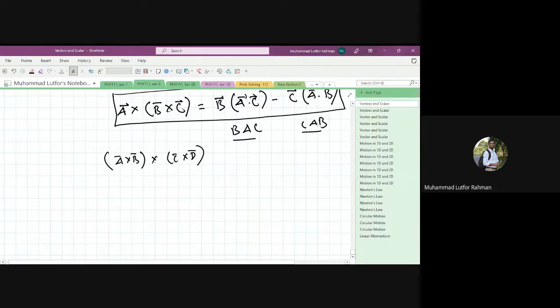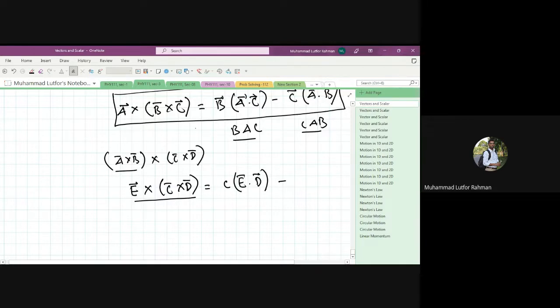How will we use it? First, I replace A cross B by a new vector E, then C cross D. Now I can apply the BAC-CAB rule here. So what would that be? It would be C times E cross D minus... There is another way I use that formula.